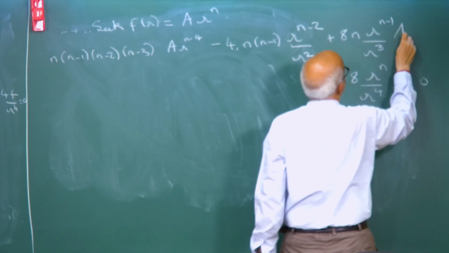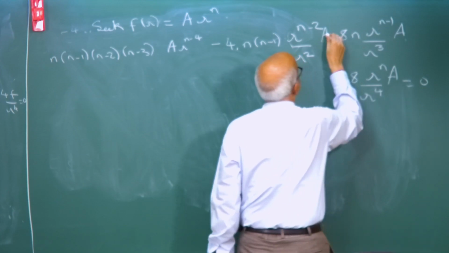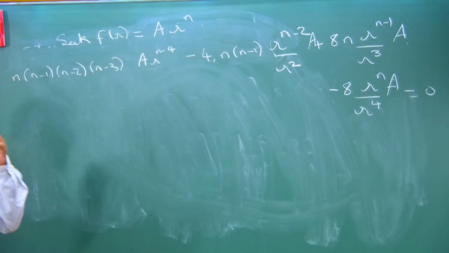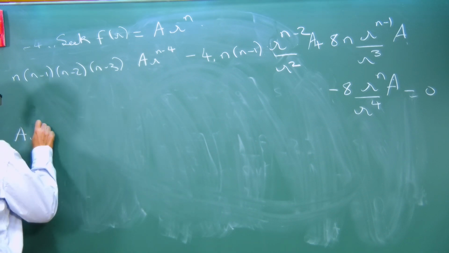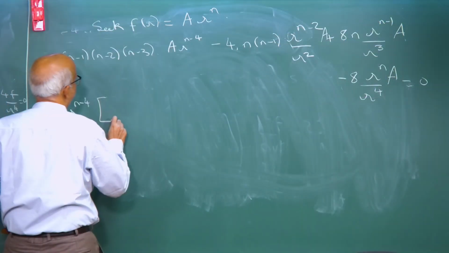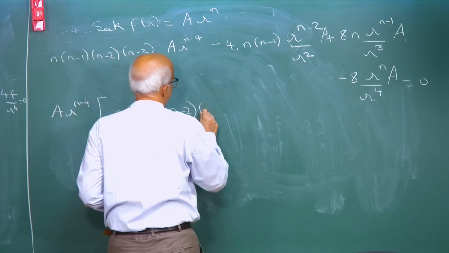And I think there is an a everywhere. This is an arbitrary constant. Okay. So, basically the point I am trying to make here is I can factor out a r to the power n minus 4 and n minus 1 into n minus 2 multiplied by n minus 3.